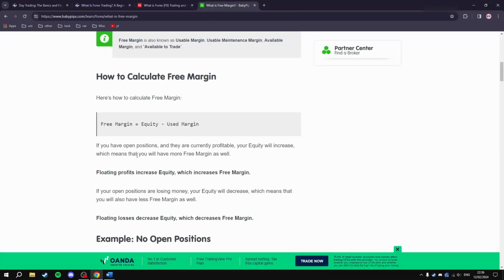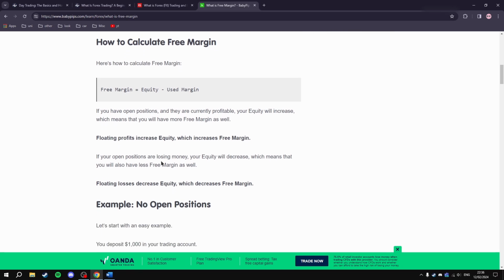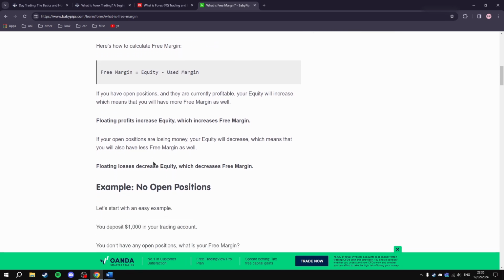If you have open positions and they are currently profitable, your equity will increase, which means that you will have more free margin as well. Floating profits increase equity, which increases free margin. If your open positions are losing money, your equity will decrease, which means that you will also have less free margin as well. Floating losses decrease equity, which decreases free margin.